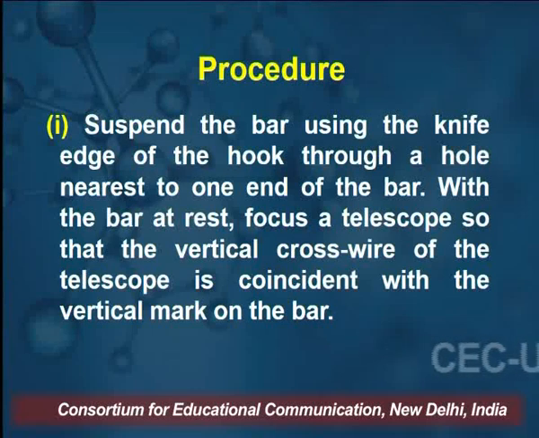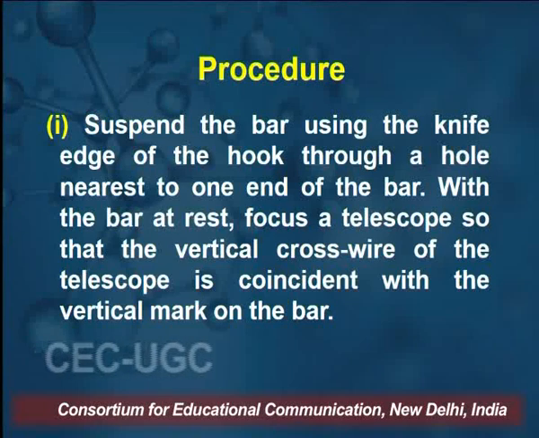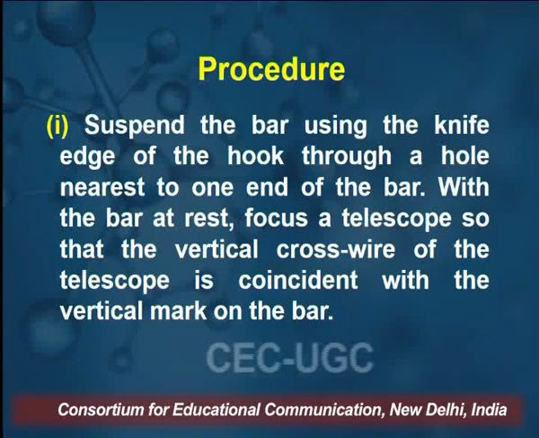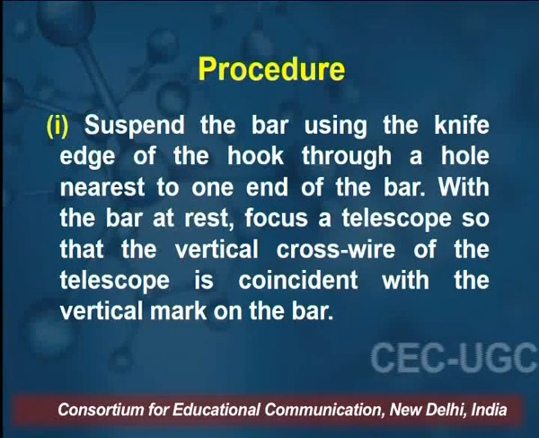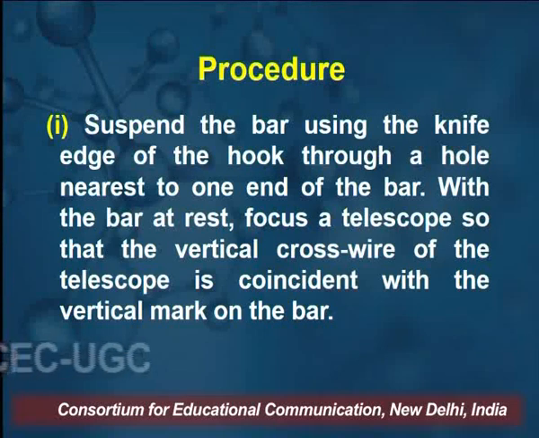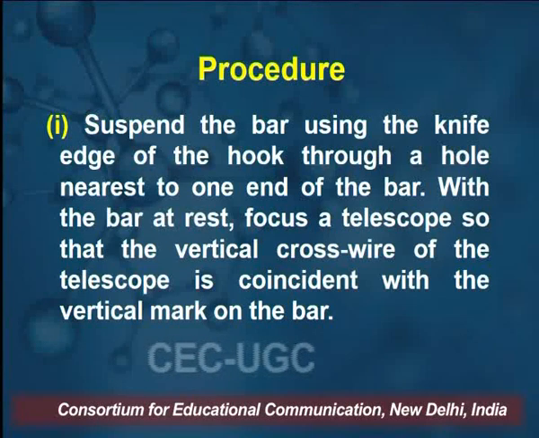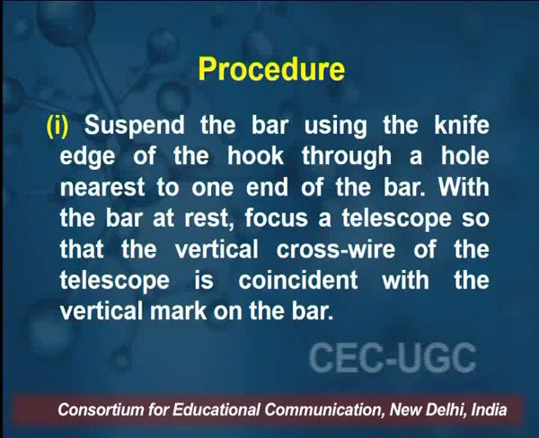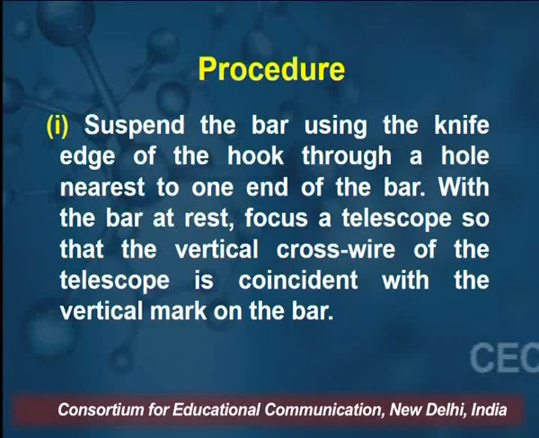First we take the bar pendulum, or we say it is a compound pendulum, and we put a knife edge in the first hole. First we find the center of gravity, which is the middle one, since the bar consists of 20 holes.